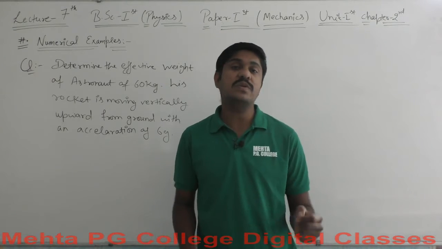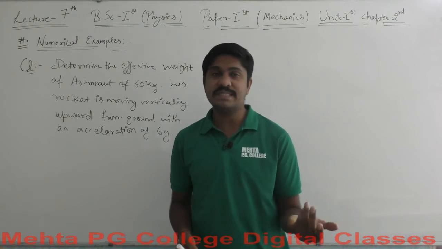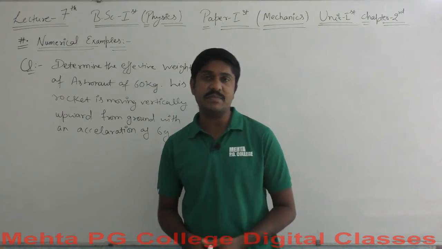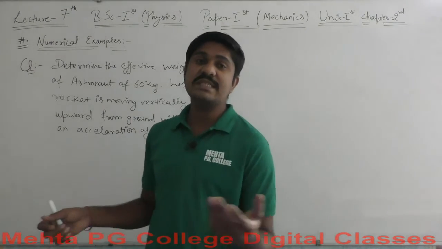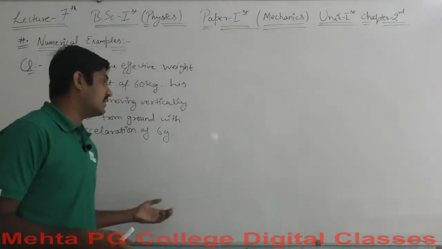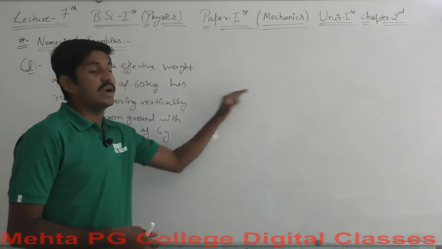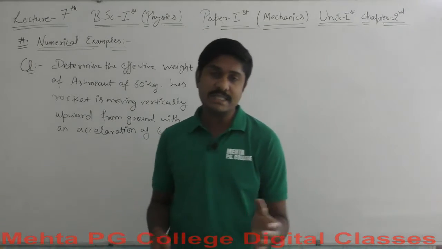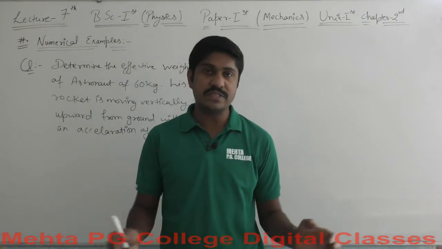The gravitational acceleration, you know, is approx 9.8 meter per second squared the actual value, and in approx sense you can say that it is 10 meter per second squared. So you can say that 60 meters per second squared is the acceleration at which the rocket is moving upward. So what will happen? You remember the concept of pseudo forces which we talked about in the very first lecture of this chapter.